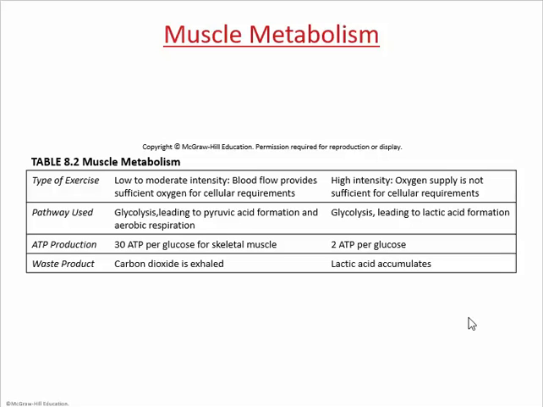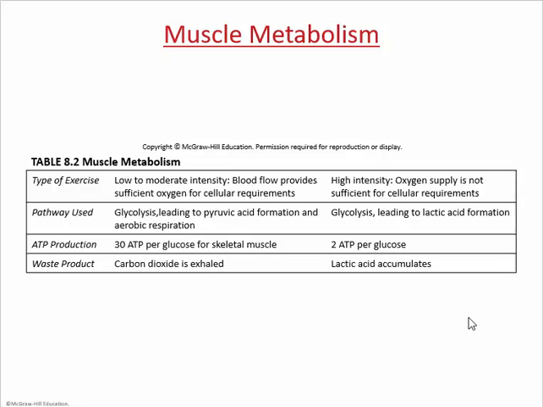So for instance, if you're running the 100 meter, and you're Usain Bolt, you run it in ridiculously short amounts of time. Most track and field athletes are somewhere around that 10-second mark. You have enough ATP and CP stored. To run the 200, you don't have enough time to bring oxygen and make enough ATP. So you end up doing that through glycolysis. The waste product is lactic acid.